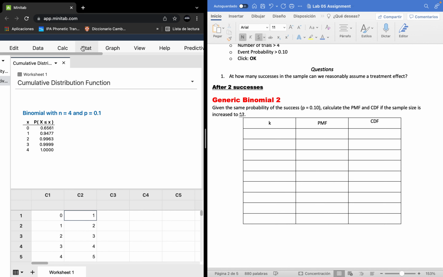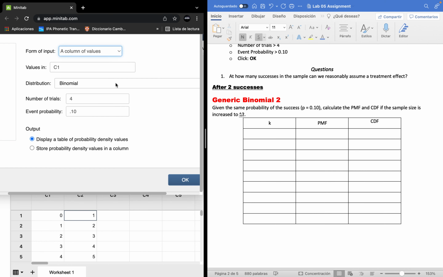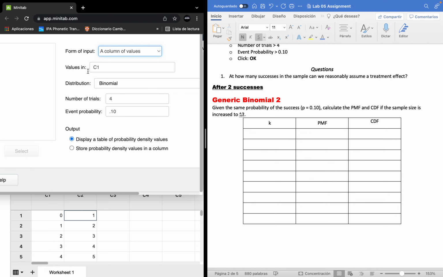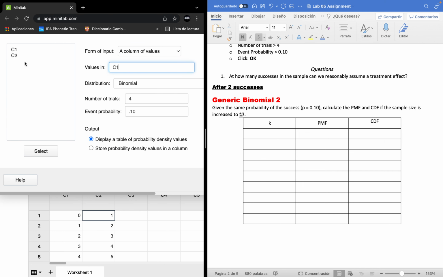Now repeat the process. Go to Calc, Probability Distributions. First, the PMF, probability density function. For form of input, you have to select column values. We have the information now in column C2, so double click C2.